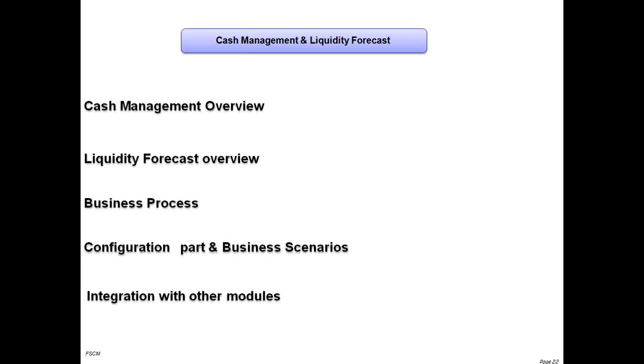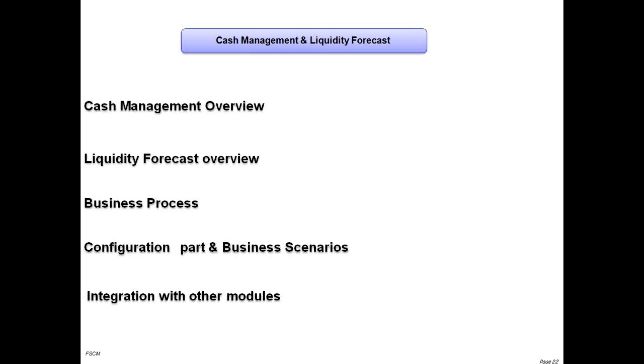The next one is integration with other modules. You can ask me what other modules have been integrated with the cash management system, because it's completely related to cash. Since it is cash, it has major integration with bank accounts, accounts receivables, accounts payables, and every area that deals with cash, so it will interact with other modules also.